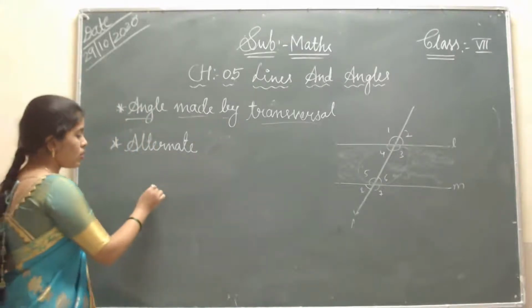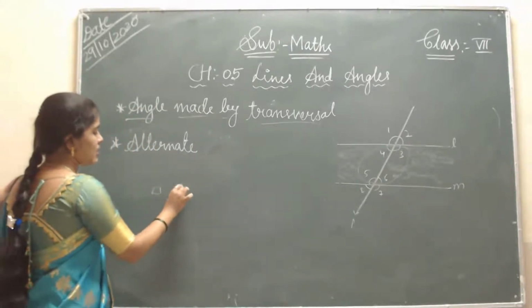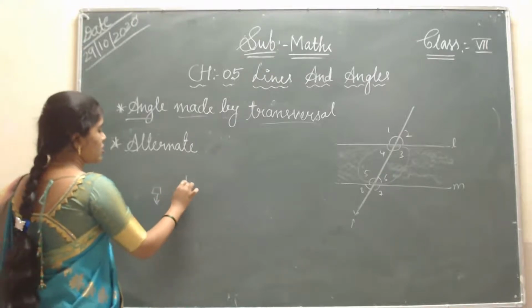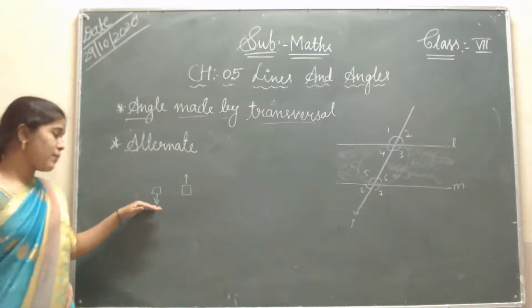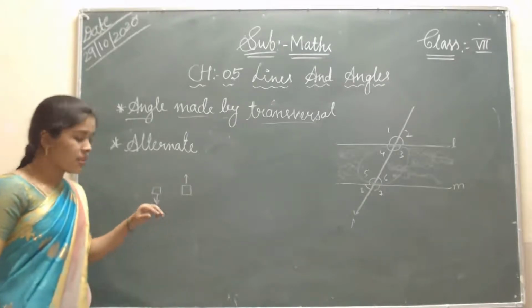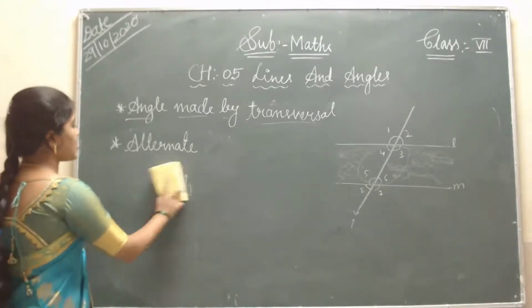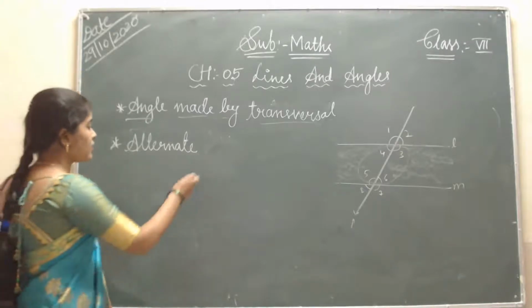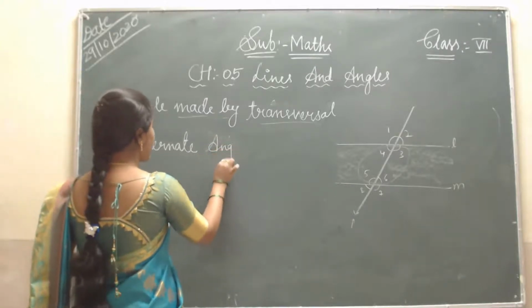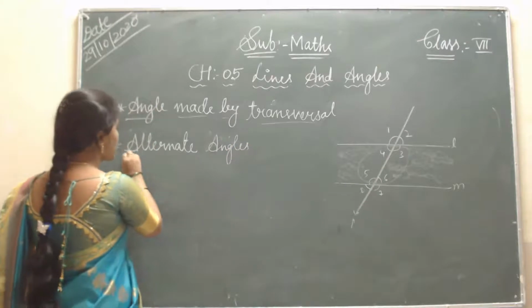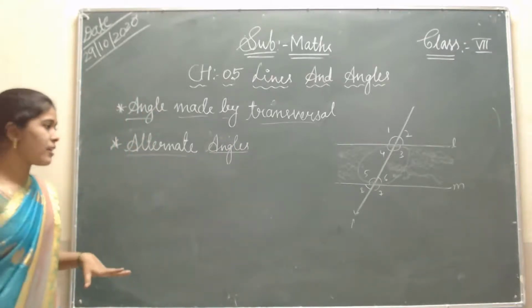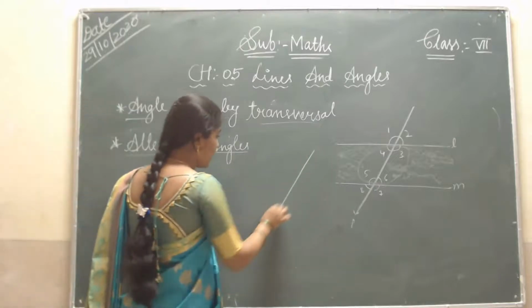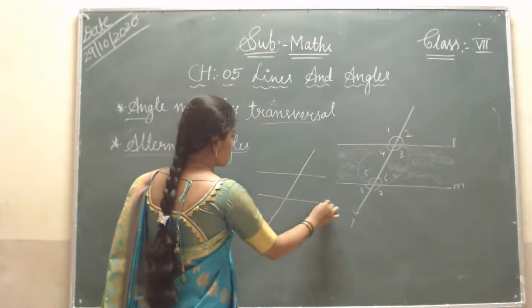We'll play Kho Kho. One player faces this side, one faces that side. So this is alternate. Kho Kho players are sitting at alternate angles, in an alternate way. So this is an alternate angle. In these angles, there are two types: one is interior alternate angles, and one is exterior alternate angles. Let's see what an alternate angle is first.